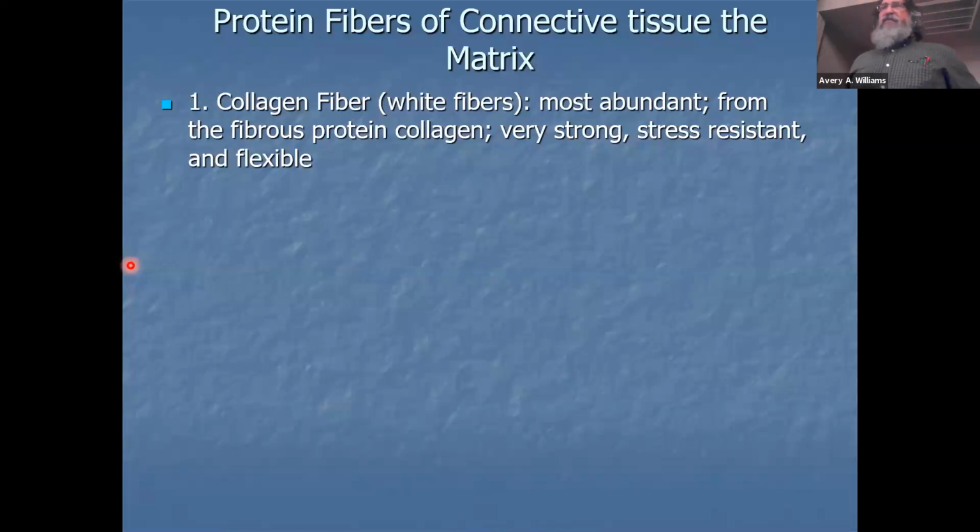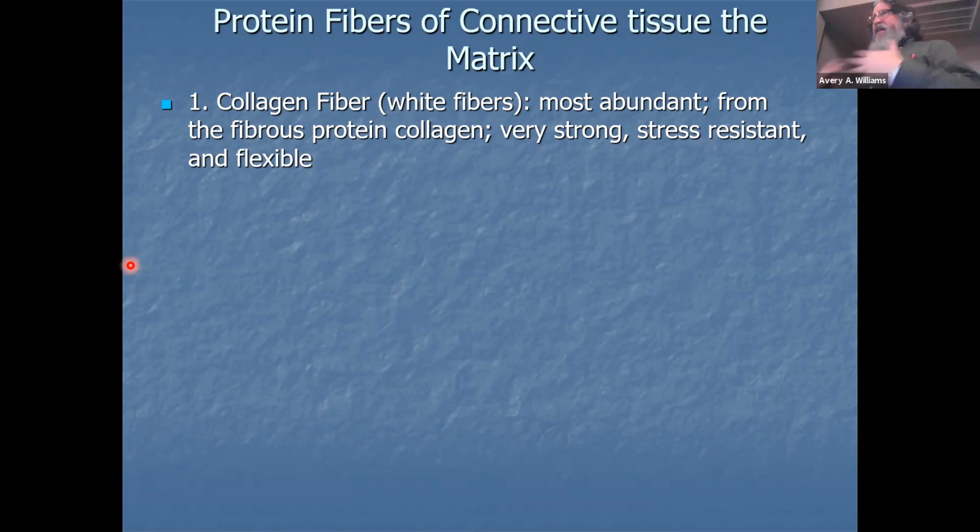If you ever look at cuts of meat and you see what you'd call sinew, that's some kind of white connective tissue, the stuff you would cut away. It's not really fat, it's really a tendon or ligament kind of stuff. It almost has an iridescent sheen to it. It's white. That's all collagen.